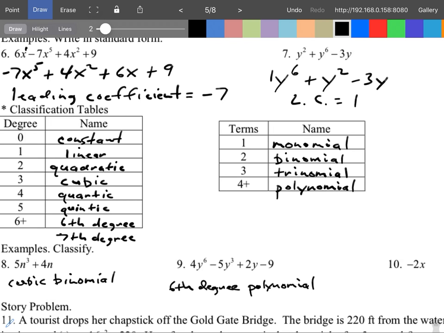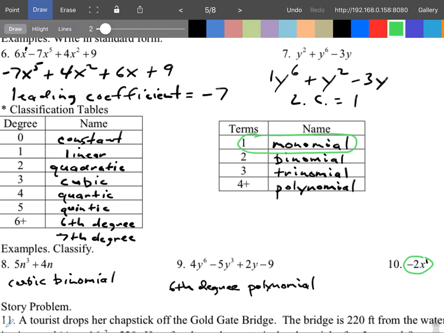Okay, then number 10. Hopefully you guys can see that it's got 1 term, so that is a monomial. And then the degree, well, the highest power on the variable there is 1. It's x to the first power.